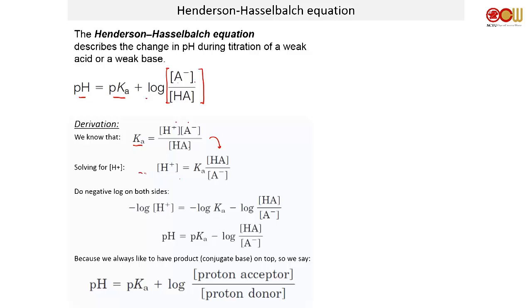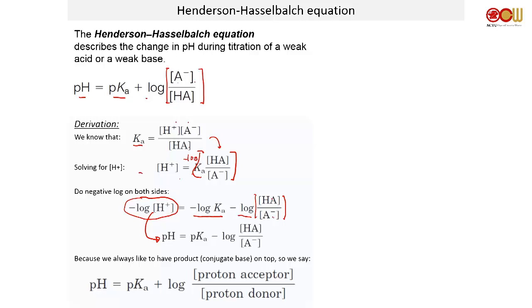So you do negative log on here, negative log on here. So you get this. Negative log of proton concentration happens to be pH. That's cool. And then when you do negative log of this entire thing, you can separate it out into negative log of Ka plus the negative log of the acid over conjugate base.